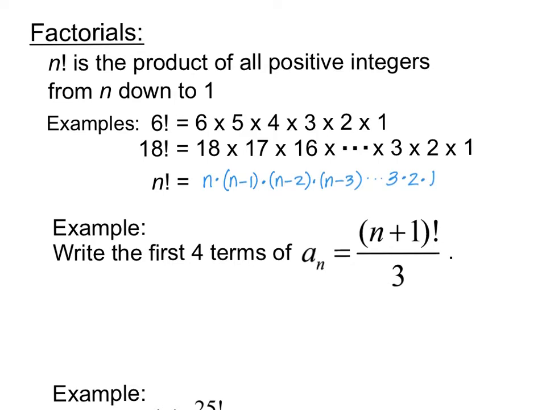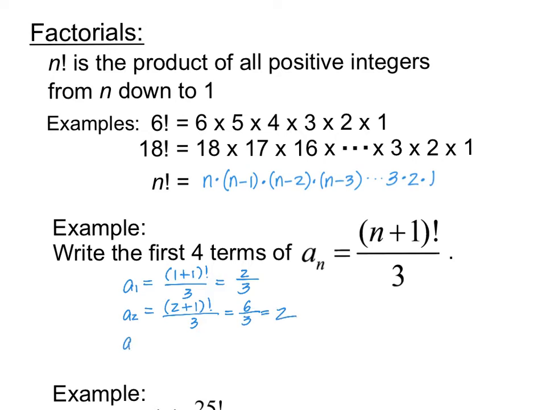And so in this first example, it says find the first 4 terms of this. So A sub 1 will be (1 plus 1) factorial over 3, 2 factorial over 3. So 2 factorial is 2. The second term is (2 plus 1) factorial all over 3. 3 factorial is 6, so that's 6 over 3.